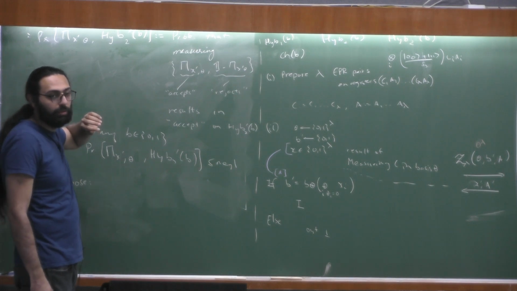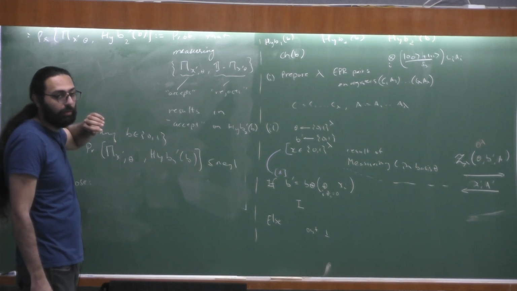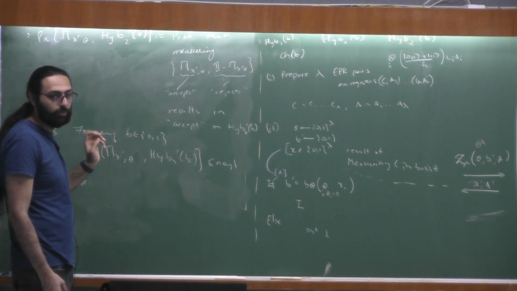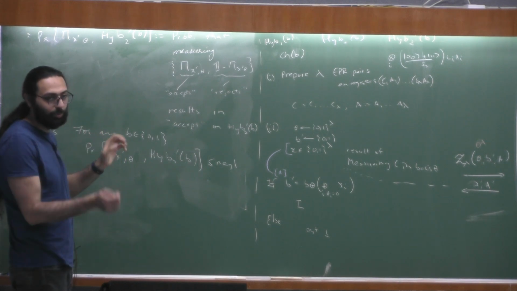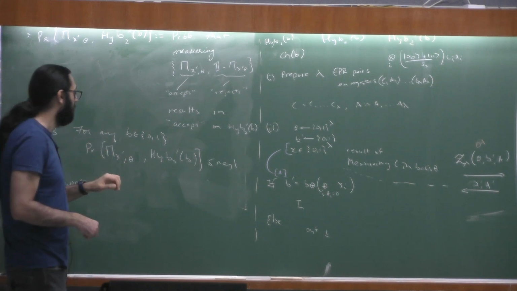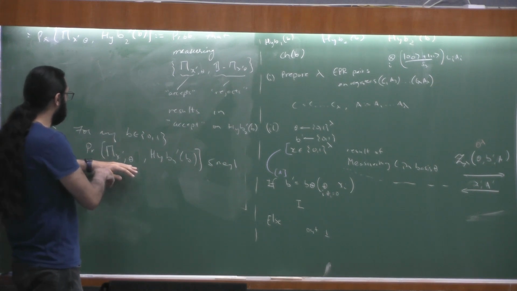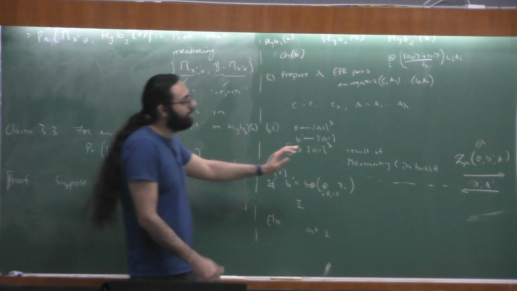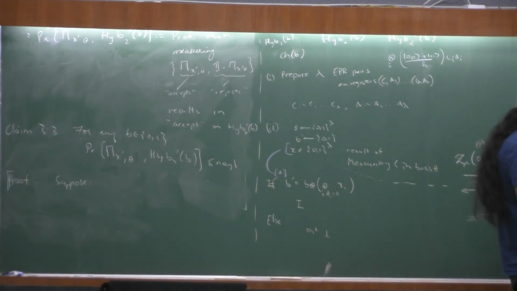Why this projector? That is what I'm asking. Oh, you have no idea yet. It's a huge proof. It'll take a while. We will prove little steps, and then they'll stitch together. So at the moment, we're just trying to show that the probability that you're going to see outcome accept is negligible. The intuition is that we want to use the XOR extractor lemma. We are trying to project it into a state which is similar to the state that we said we can assume initially for the XOR extractor lemma.